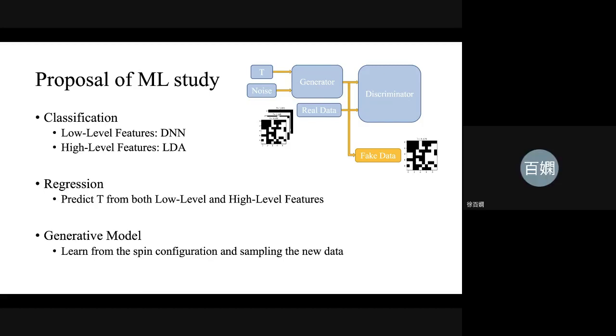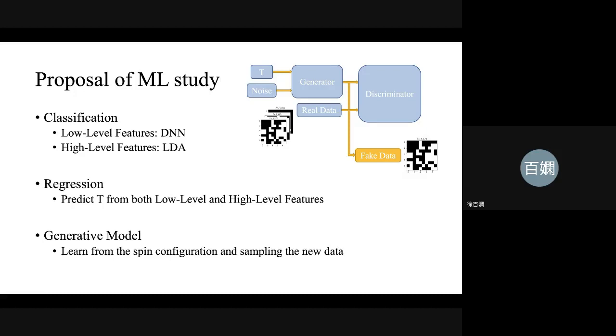I'm just curious if things like DNN will be overkill for this classification task. I understand this is a simple model, so some aspects could be very trivial. But anyway, I just want to make sure what the goal of your classification task is. Okay.